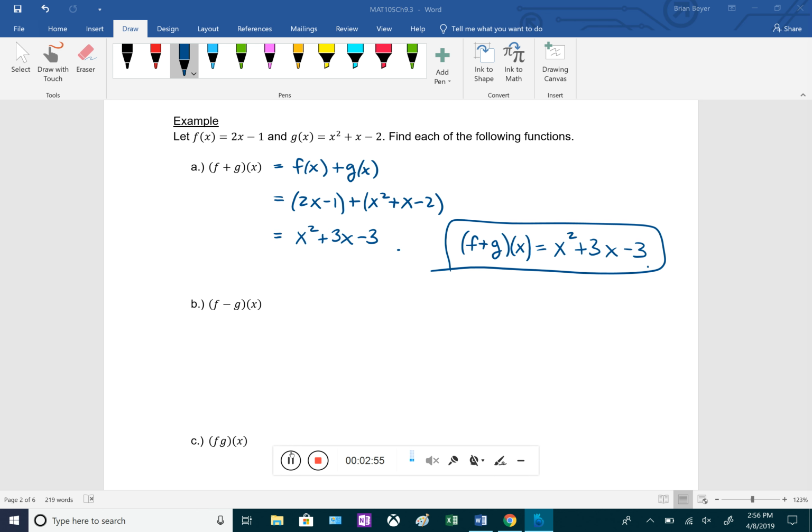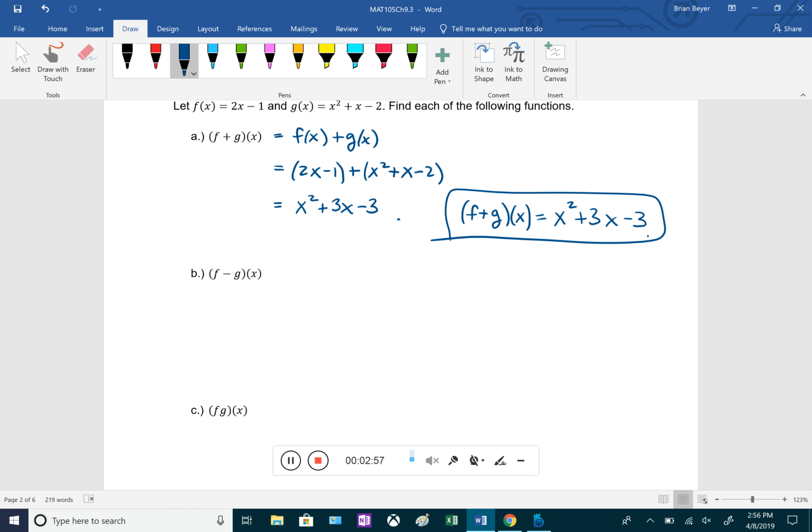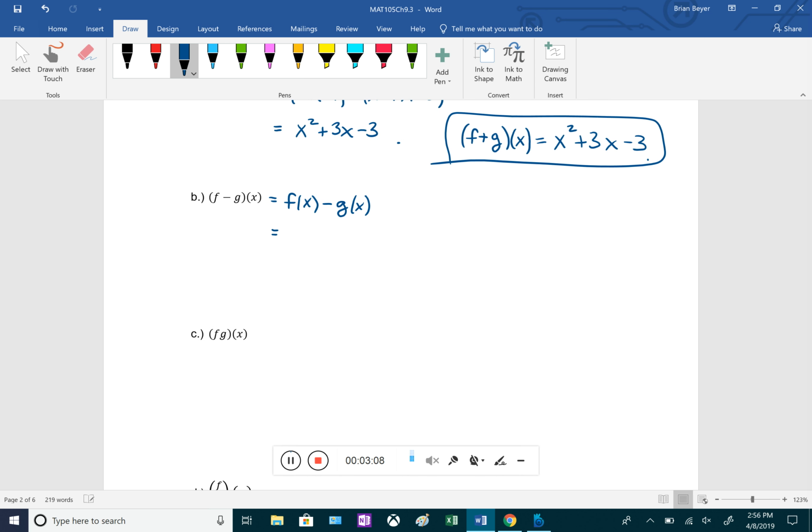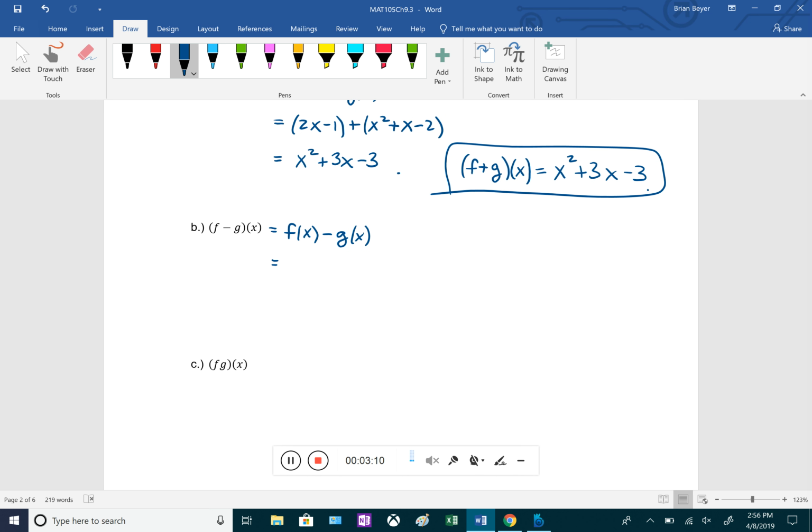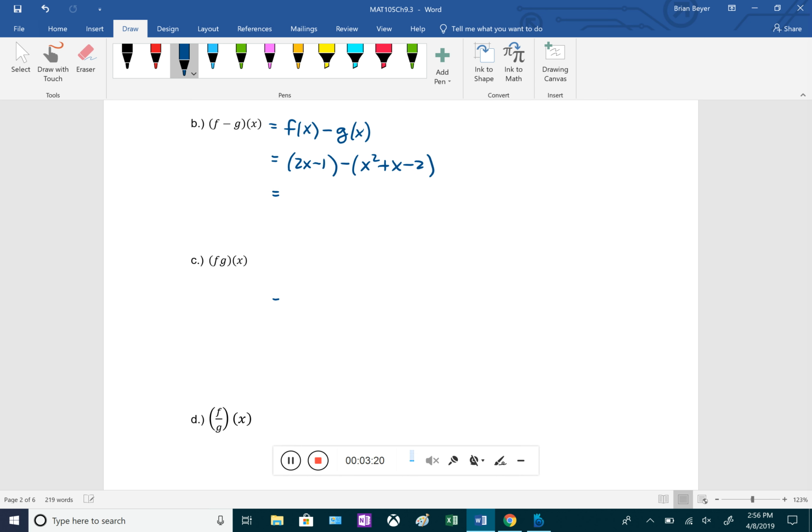equals all of that. Next one, f minus g of x. All this means is f of x minus g of x. Plugging in these functions here, we're going to get 2x minus 1 minus x squared plus x minus 2. This time we do have to be a little bit careful because we have to distribute that negative into g of x.